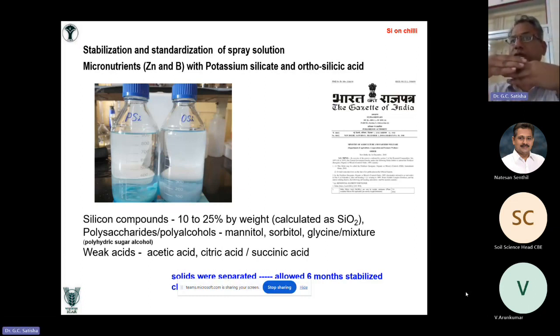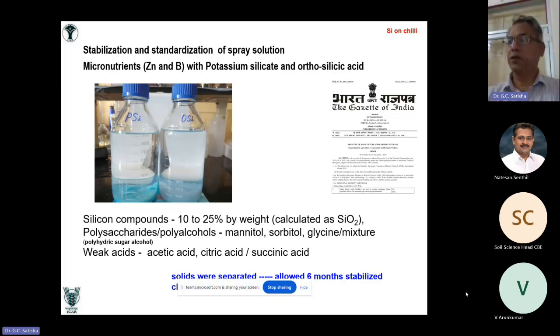Because we need a solution which should be suitable to the plant leaf. Otherwise, there will be a lot of scorching. Even a small rise or small drop in the pH, the crop will have a scorching effect. We have experienced this.